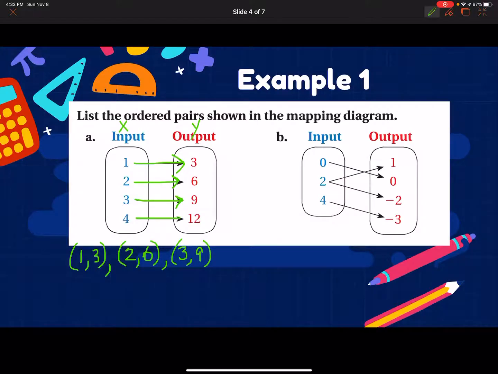And last we have 4 and 12. So 4, 12. And that is how you list the ordered pairs shown in the mapping diagram. Okay, you try B, pause the video if you need to, and then come back and see how you do.